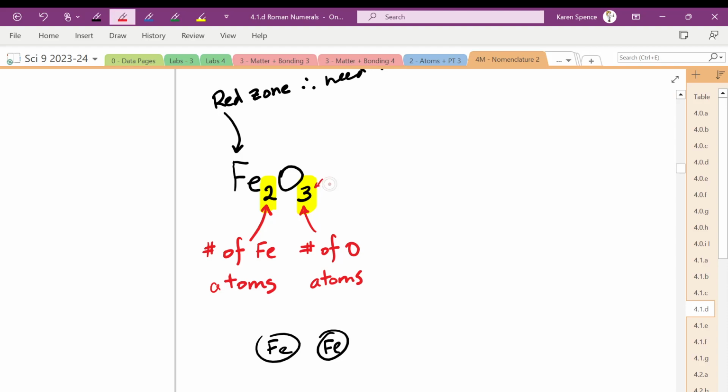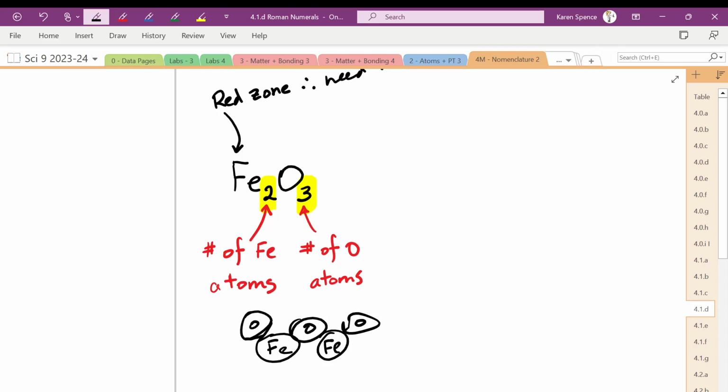So if we were drawing iron 3 oxide, we would say we need an O and an O and an O. I would actually want that to be touching there, but you know, there we go. So that's Fe2O3. You would not need to draw this. That's just to give you an idea of what it would look like, okay?